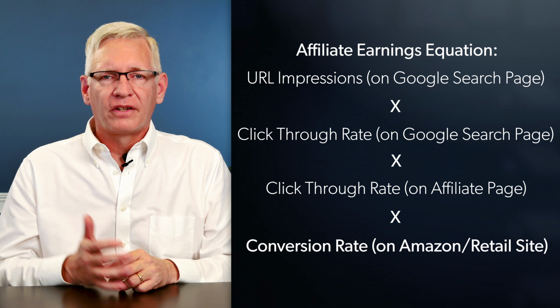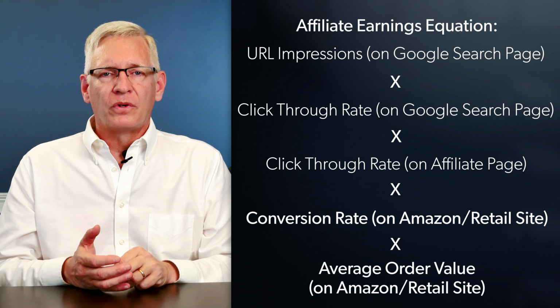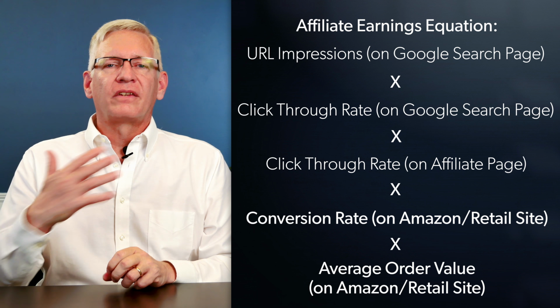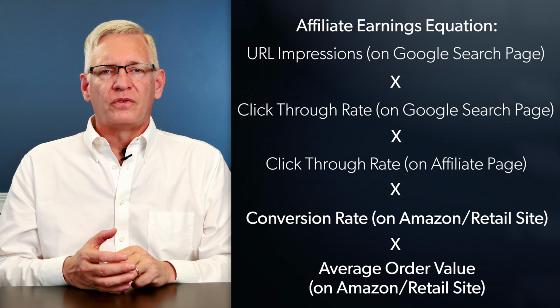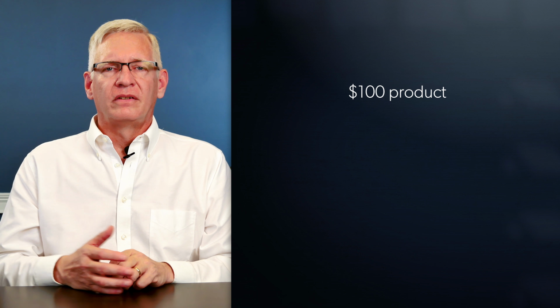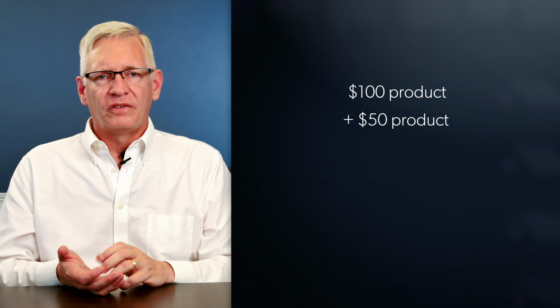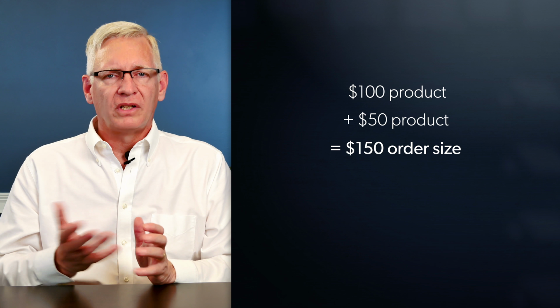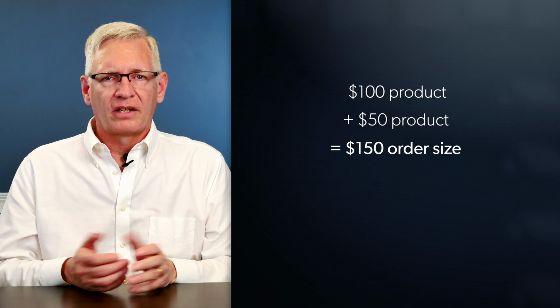And then the fifth component of the equation is the average order size. If they click through and end up buying a cordless drill that is a $100 product, and then they buy another product, let's say an extra $50, then your order size would be $150 for that customer.